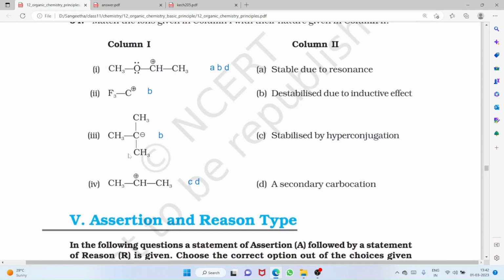Match the given. Structure A is stable due to resonance, because a pair of electrons is there for resonance.